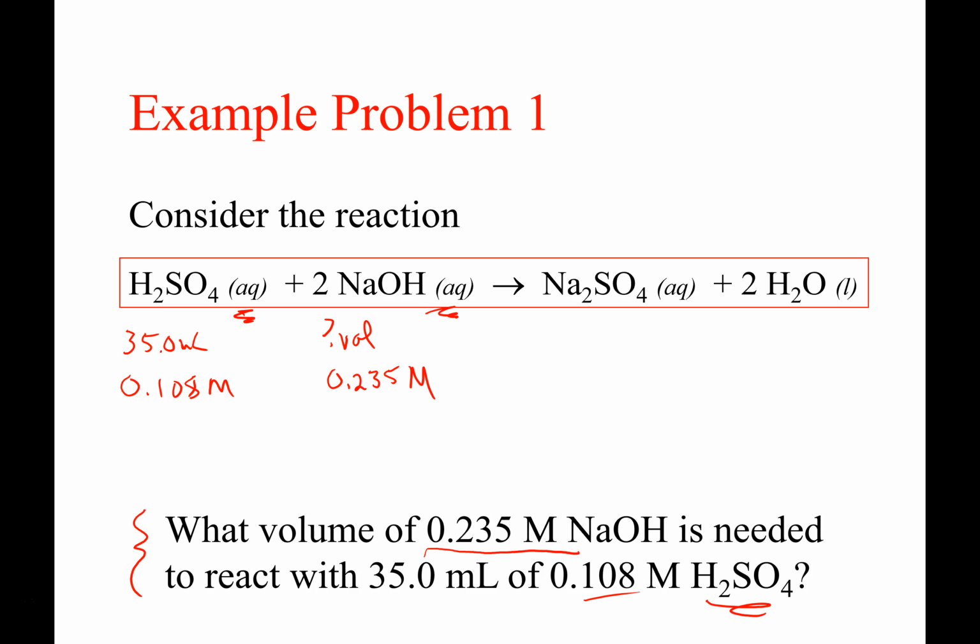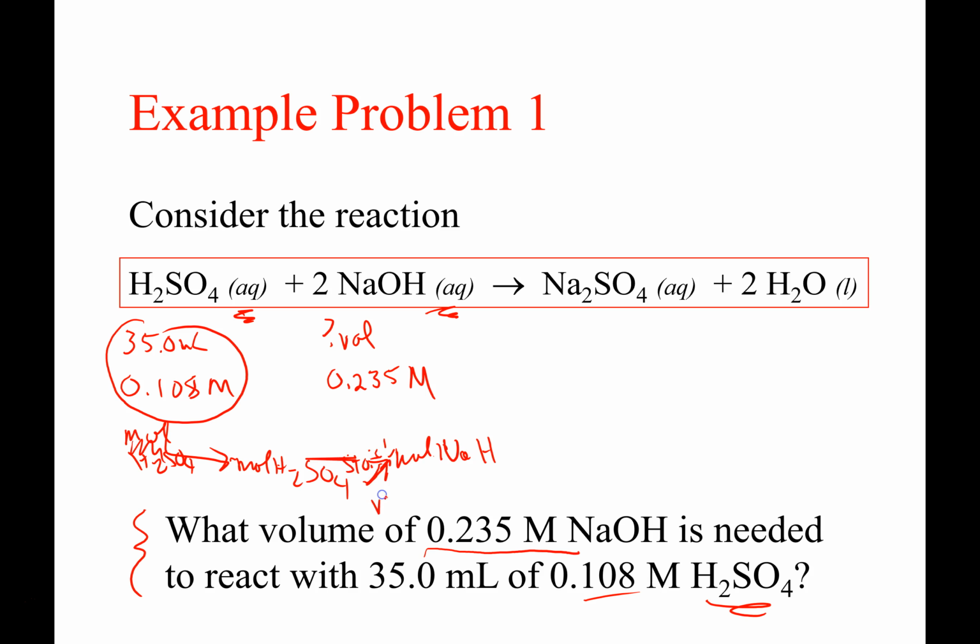So when we work this problem on the next few slides, our first step is going to be to start with H2SO4 and come up with moles, specifically moles of H2SO4. Then we're going to use the stoichiometric ratio. Moles of H2SO4, then we can get to moles of NaOH using the stoichiometric ratio.